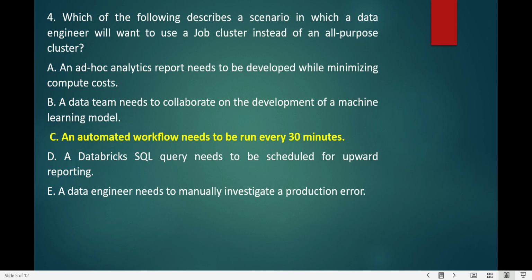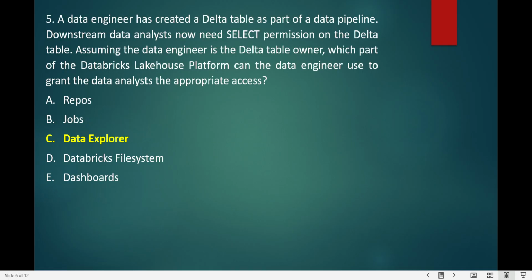Manual investigation means interactive, hands-on debugging. So this is better done on an all-purpose cluster, where the engineer can run different cells, different queries, etc. So it is not based on the job cluster. So the job cluster scenario is: an automated workflow needs to be run every 30 minutes.